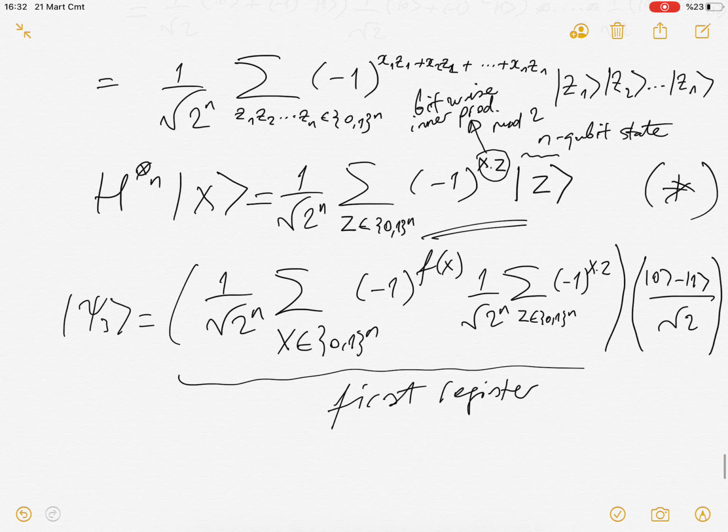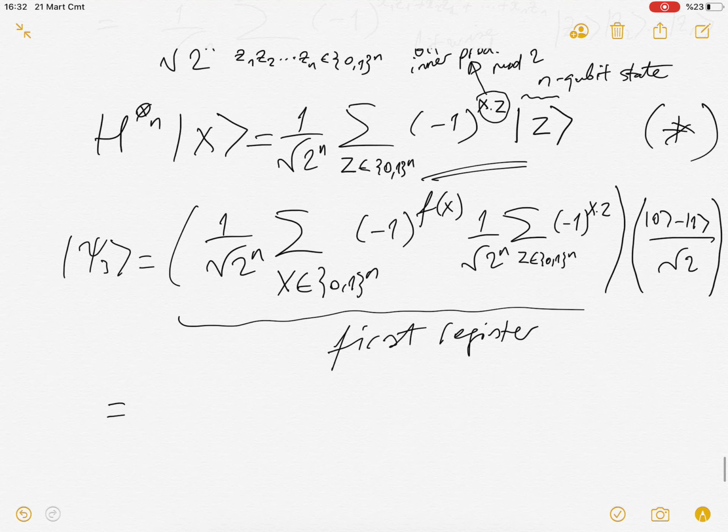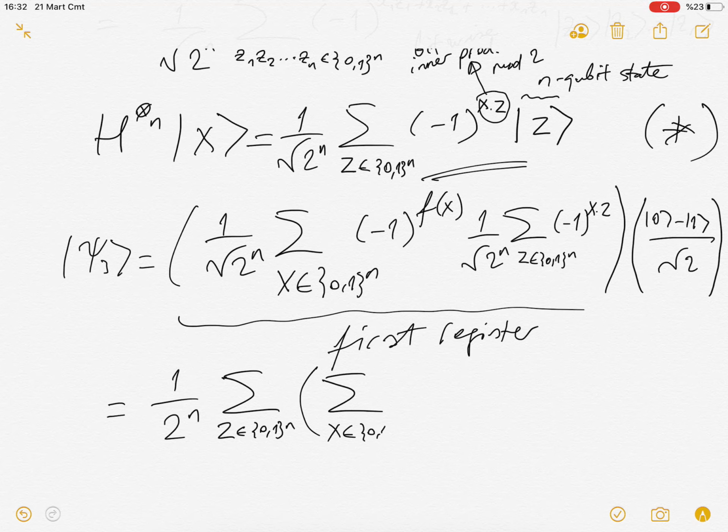Okay, so we add the common factors. Just rearranging the algebra, I'll multiply the amplitudes. It will be 1 over 2 to the n, summation over boldface z in {0,1}^n, and then we have the other summation over x in {0,1}^n.